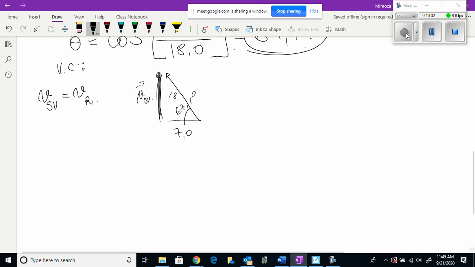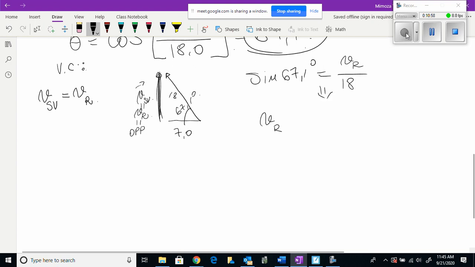So the vertical component, the resultant, is the opposite of angle 67.1. So sine 67.1 degrees is equal to the resultant over 18.